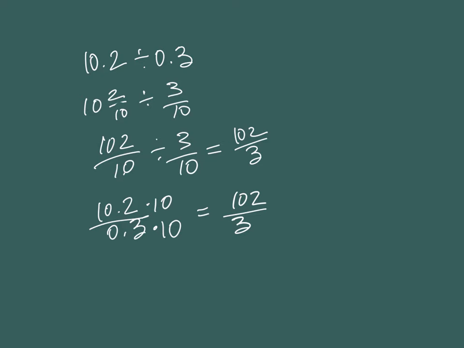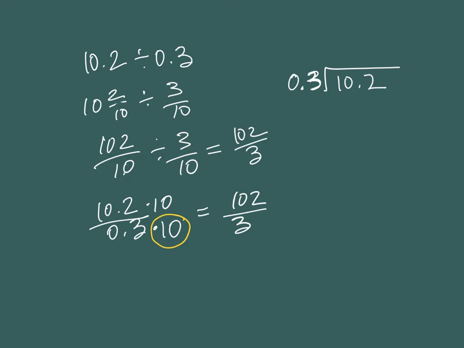Now, what does that look like when we take it to the division algorithm, right? If we just set it up the way we normally would, 0.3 divided into 10.2, and again, we don't like that. We can do it that way, but we're much more comfortable working with that as a whole number. So if I want to change 0.3 to a whole number, well, I have to multiply it by 10, just like I did down there.